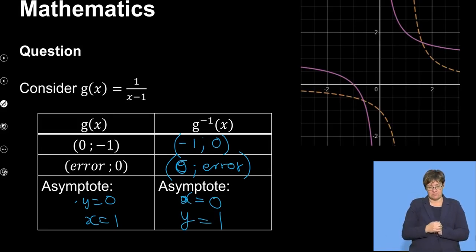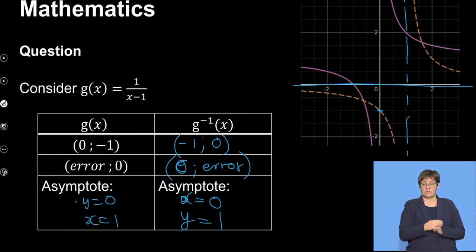So firstly, remember it was 0 and minus 1, which was somewhere there. And then it was 0 and minus 1, which was down there, and then it was the asymptotes that we had, which was y equals 0, meaning y equals 0 will be on the x-axis, and then x equals 1 will just be simply there, right?